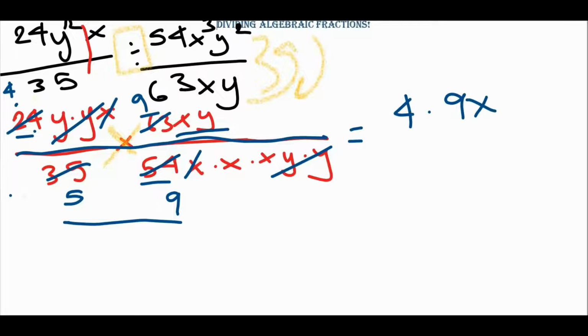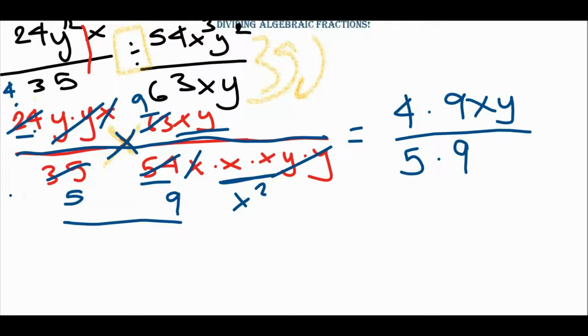So 4 times 9xy over 5 times, as we still have our multiplication symbol here, times 9. And then we have our x's. We have 2x, so it's going to be x squared. So we have 9x squared.